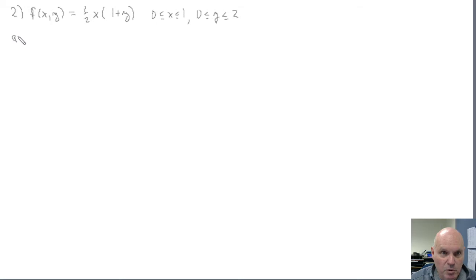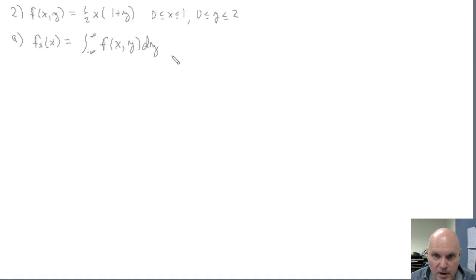In part A of this problem, we're asked to find the marginal PDFs. So the marginal PDF for x, we integrate the joint PDF over y. Sometimes this is called integrating out a variable.